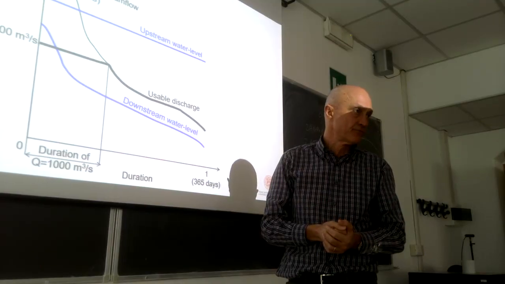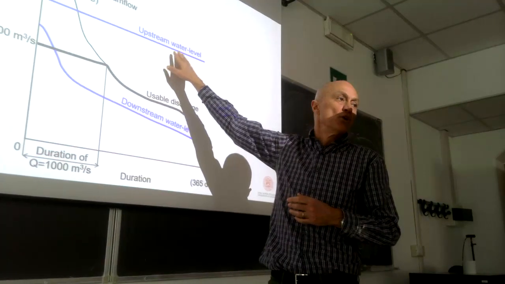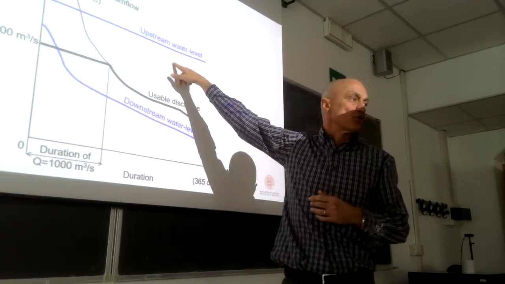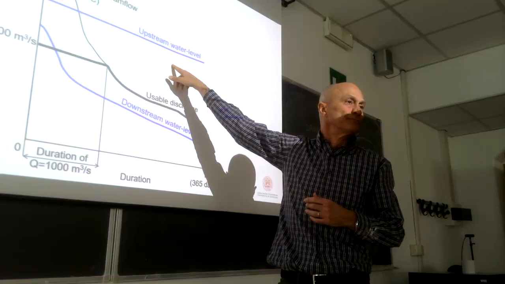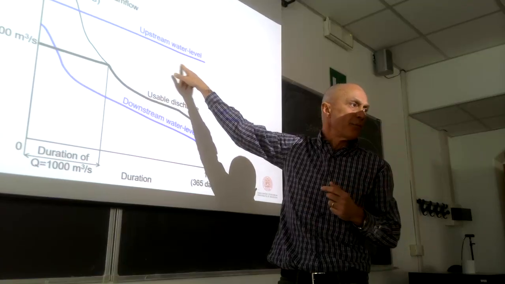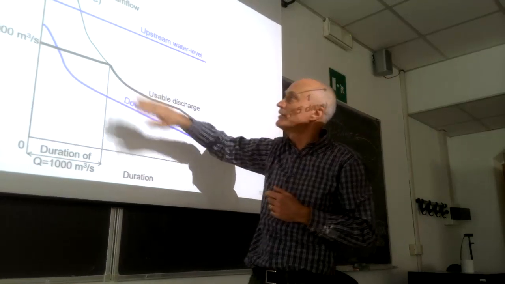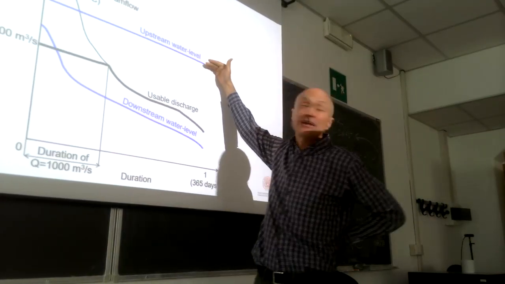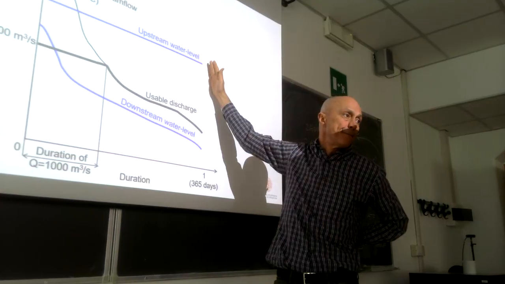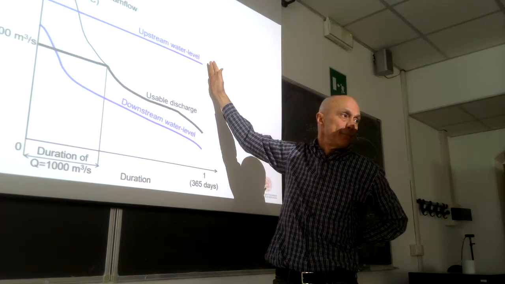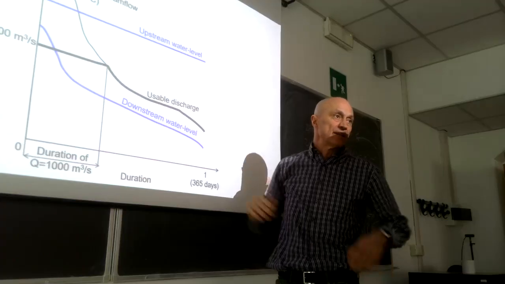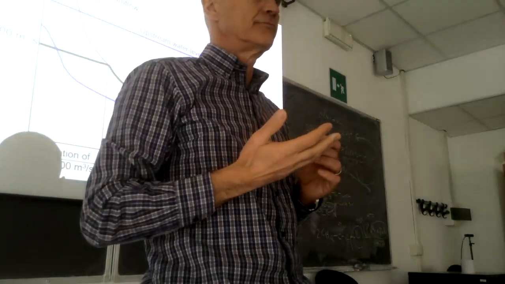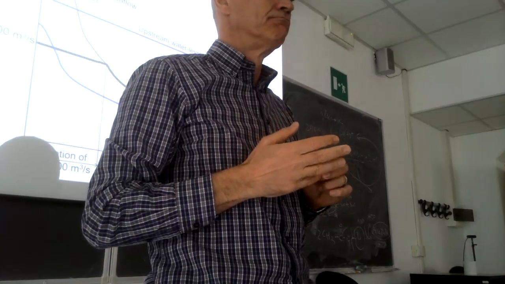Why? We saw it 5 minutes ago. How come it's constant? It doesn't change. The upstream water level. So the water level here, no matter what the stream flow, is constant. Why? It isn't disturbed.